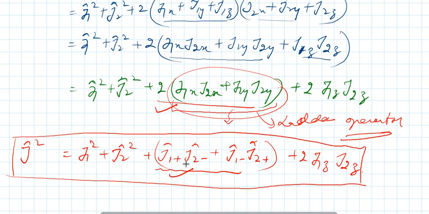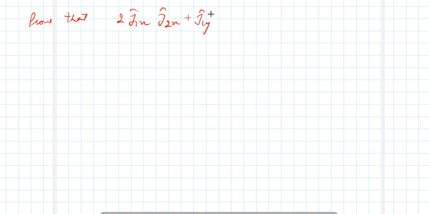My purpose is to prove this part, and this is the last part of this lecture: prove that 2(j1x j2x plus j1y j2y) is equal to j1 plus j2 minus plus j1 minus j2 plus. That's what I want to prove. So let us try to prove it.